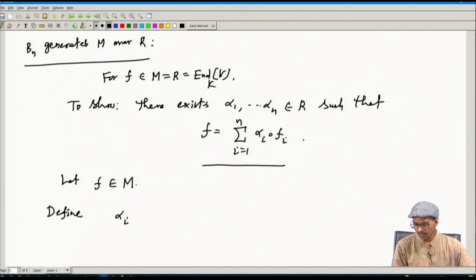Define alpha_i, of course 1 ≤ i ≤ n, in the following way.